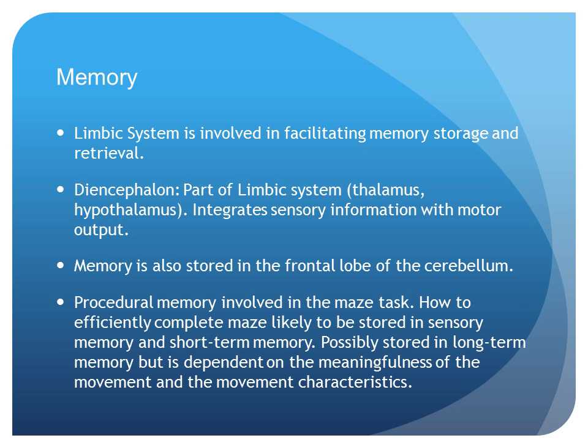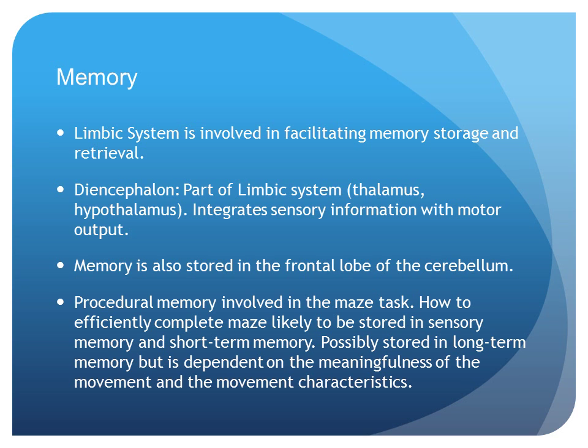We also had memory involved in performance improvement because details of past performances aid future performances. And this is associated with the limbic system, and it's involved in facilitating memory storage and retrieval, while memory is also stored in the frontal lobe of the cerebral cortex.